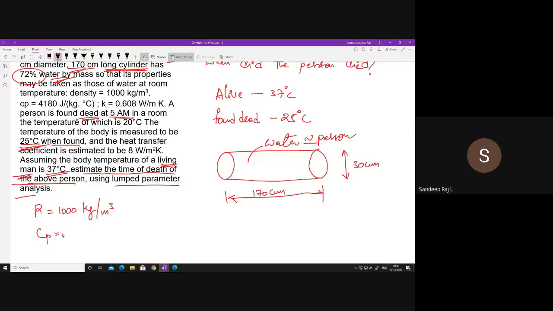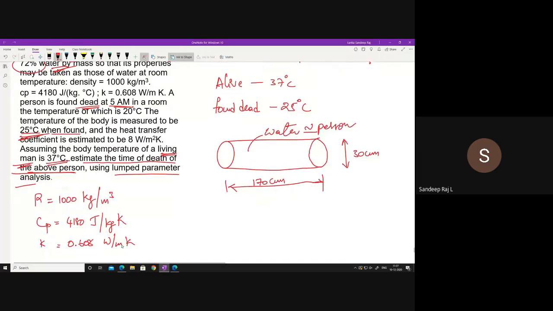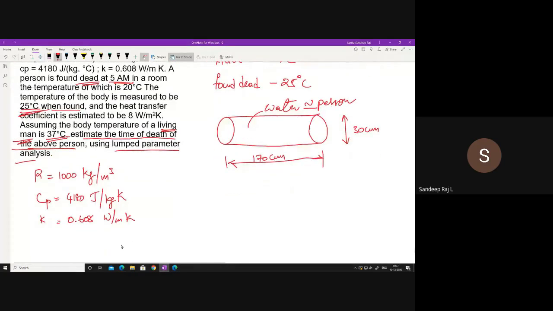The CP and K are the properties of water. These properties you should remember by heart: the density, the CP value, and the K value of water. So what you have to do is find out the time.